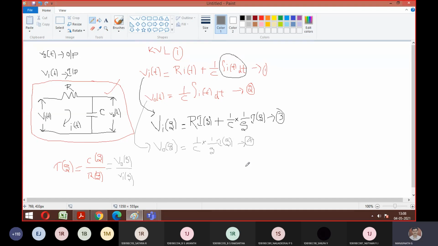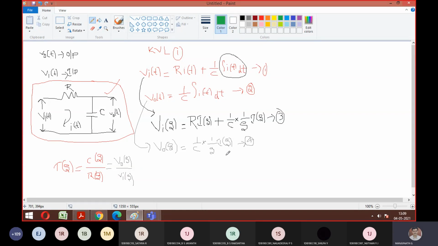So what can be done? Just think and tell. From these equations I have, can any simplification be done so that we can get the ratio easily? Anyone? Substitution.